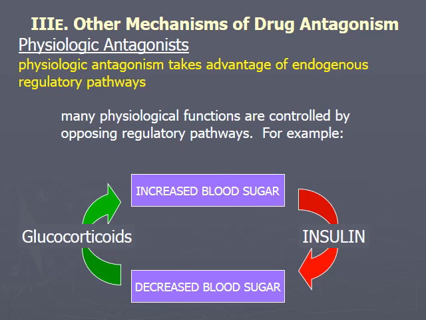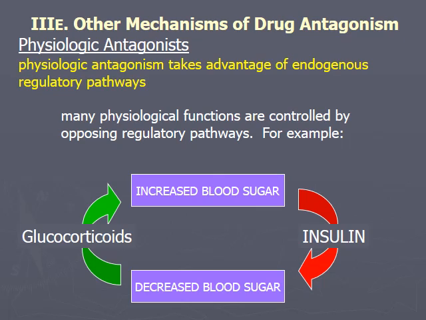And an opposing pathway would be insulin, a totally different hormone, a totally different receptor. Insulin is the glucose-lowering hormone, or the anti-diabetic hormone. Glucocorticoids increase blood glucose, insulin lowers blood glucose. Glucocorticoids get released by the adrenal gland and bind to glucocorticoid receptors throughout the body. Insulin gets produced by the pancreas and binds insulin receptors throughout the body.